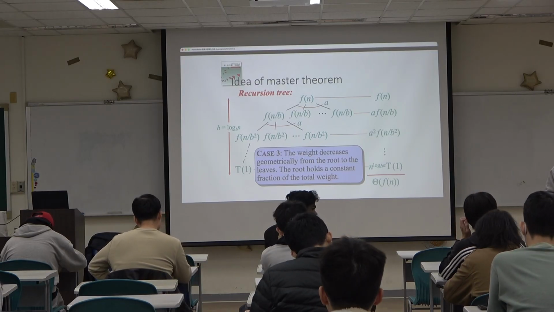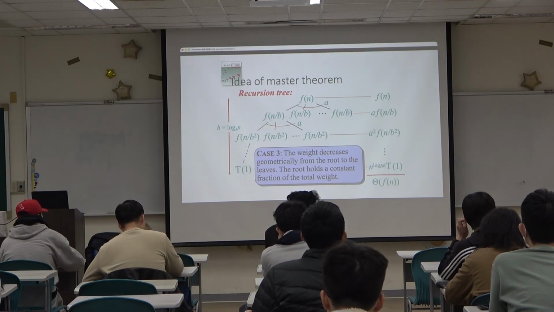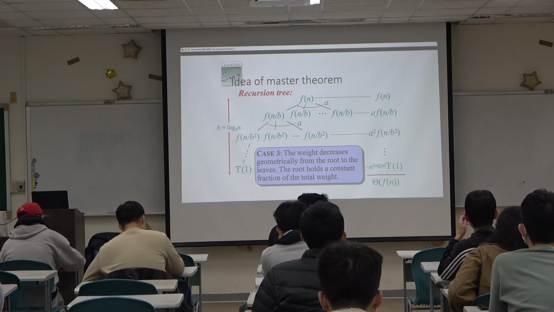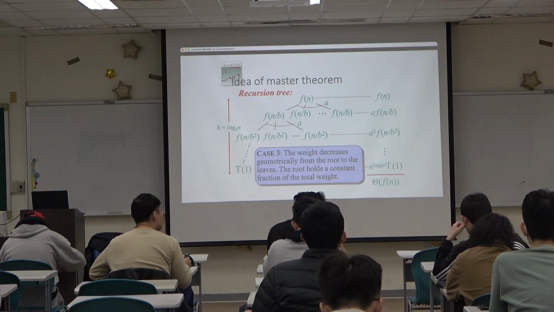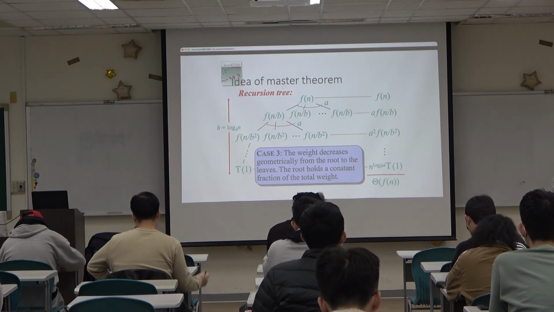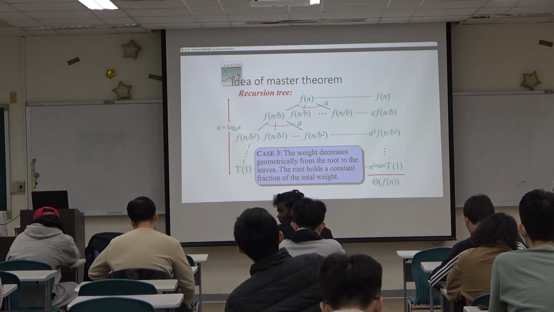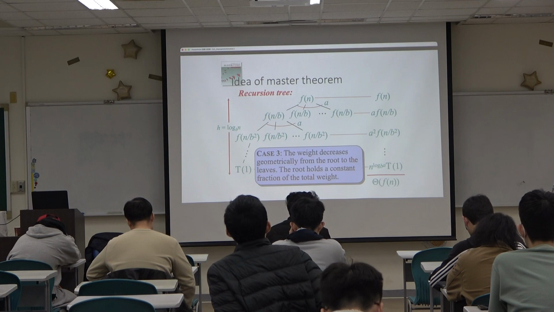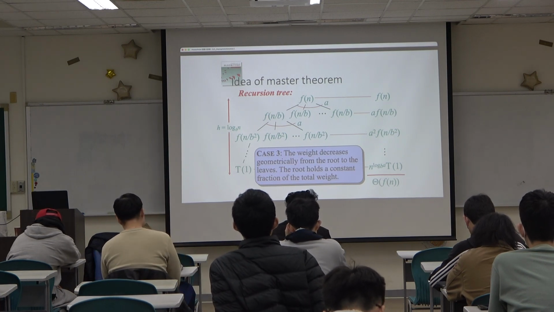Obviously, this is not a formal proof. Let me repeat, this is not a formal proof. It just gives you intuition. If you want a really formal proof of the master theorem, I believe the textbook gives you one.